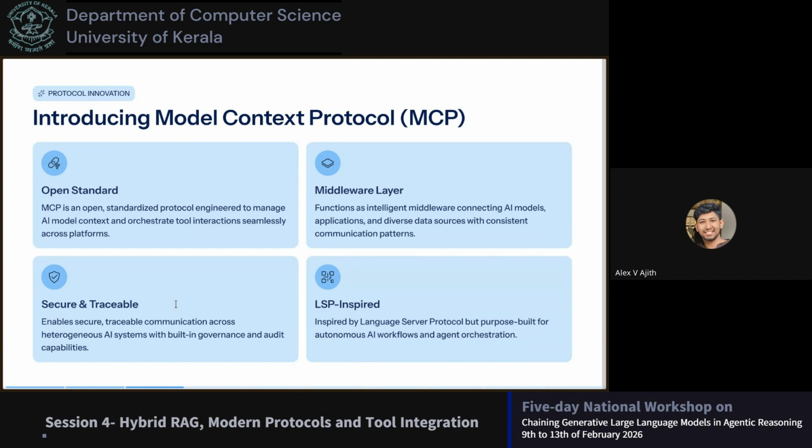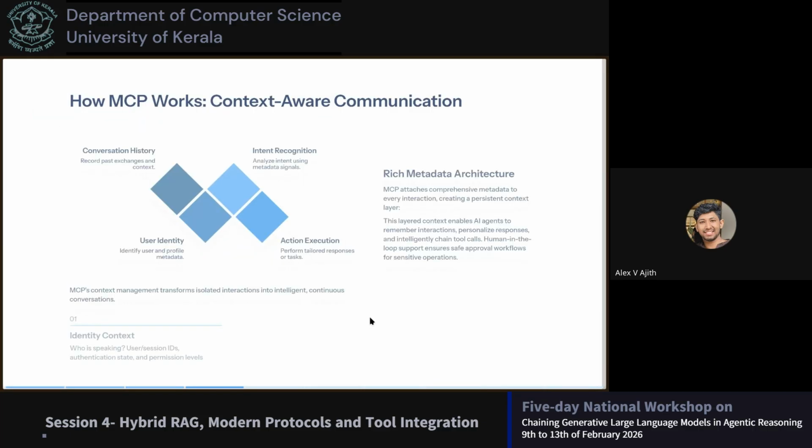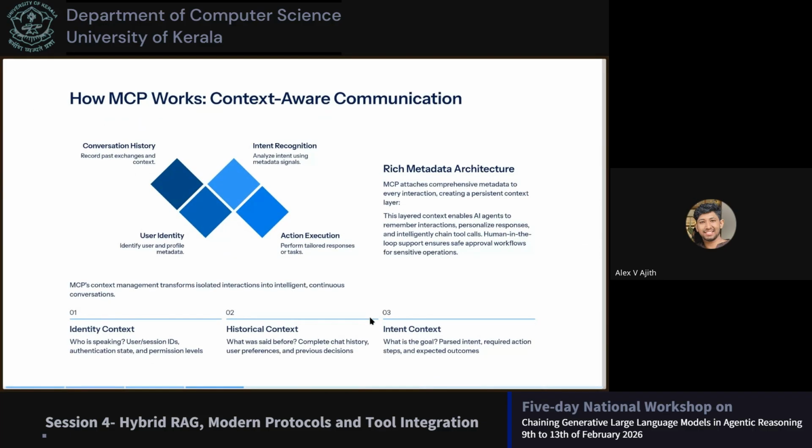So you need some kind of access authorization security, which is given by MCP, and it's LSP inspired. LSP is the Language Server Protocol used for coding languages, and the model context protocol has taken its philosophy from LSP. That's the main part, and let's look at how MCP works: context aware communication.